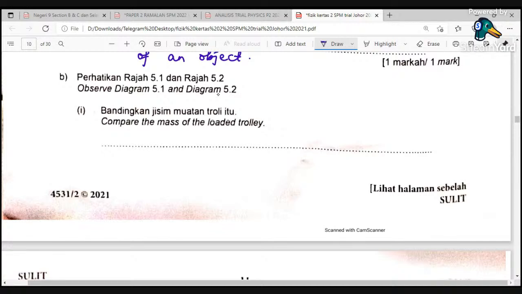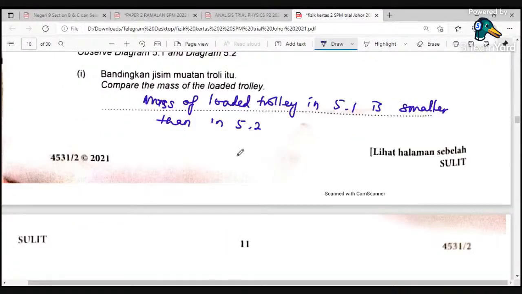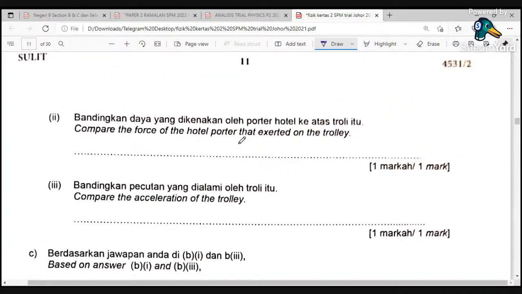So mass of loaded trolley, then compare force. The same person is pushing, no mention about push harder. Maksudnya dia force dia sama.